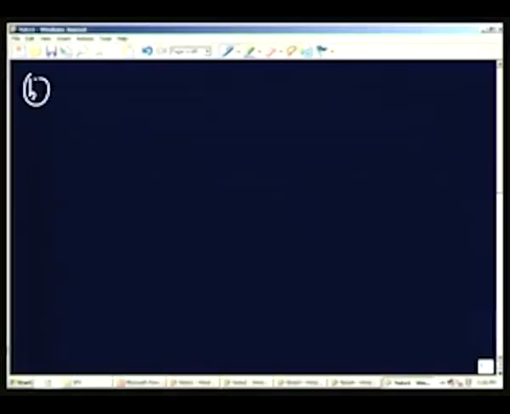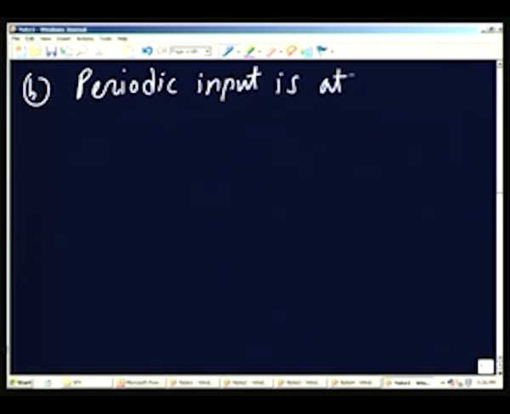Now, let us look at a typical case where a periodic input is at 0.1 hertz frequency. We would like to find out the amplitude reduction, and also the time lag, the phase lag.